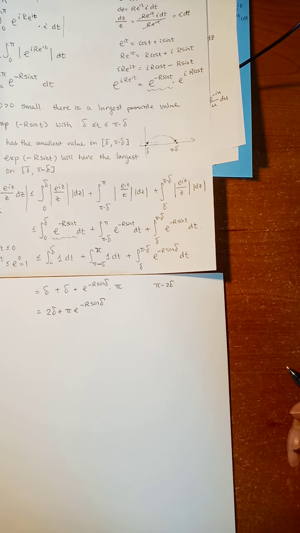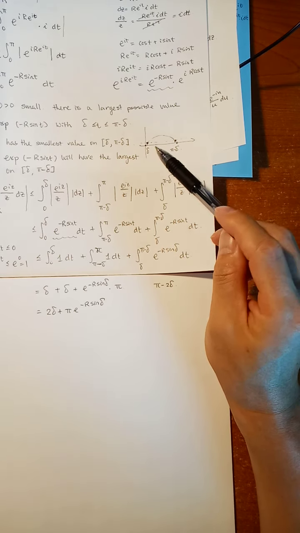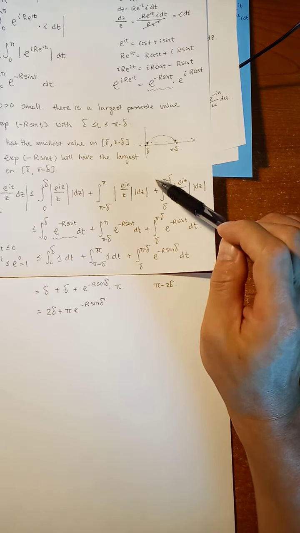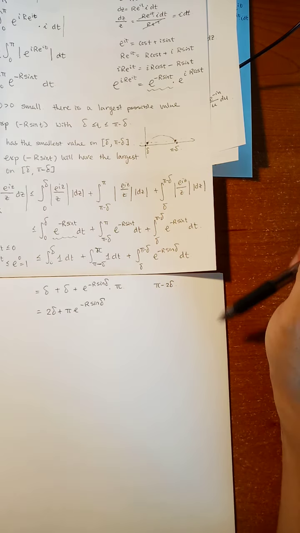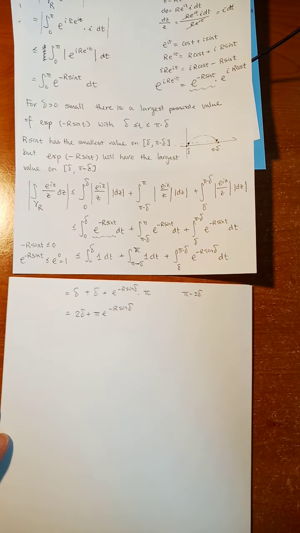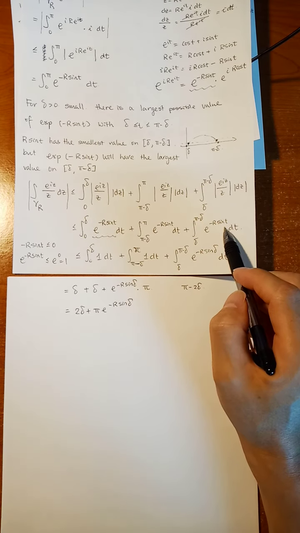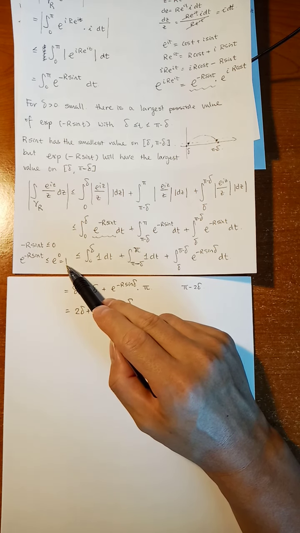All right. So why do we bother to use this delta trick for such a computation? It is because if you do not use the delta trick, e^(-r sin t) will have the maximum value 1.